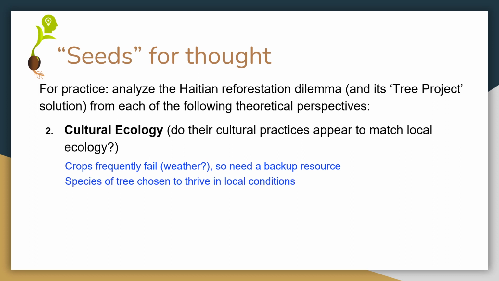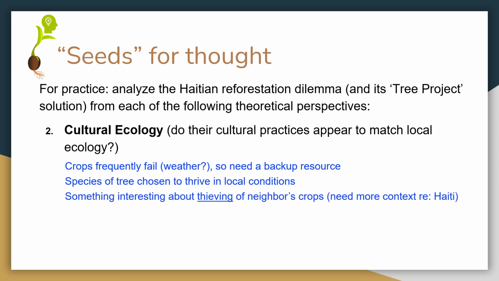I noticed that the species of trees chosen for the successful reforestation campaign were ones that thrived in the local habitat. That makes sense. They shouldn't try to plant trees that wouldn't successfully grow there. And then I noted something interesting about thieving and people, the one quote mentioned that people went over to their neighbors and dug up their saplings and replanted them in their own yard.